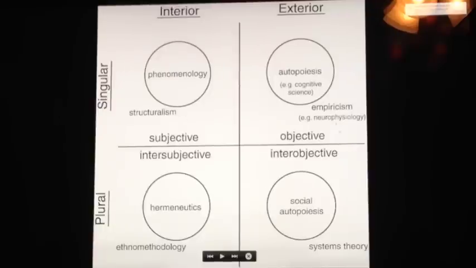All of these are different approaches to truth, and the idea is to include them all, but to realize that none of them are the big picture, none of them are getting at all of it, and that to really understand the big picture is to understand all of these different ways of trying to understand aspects of the truth.